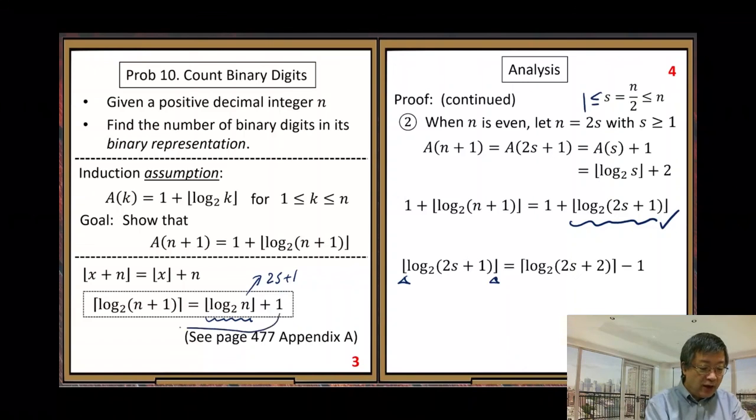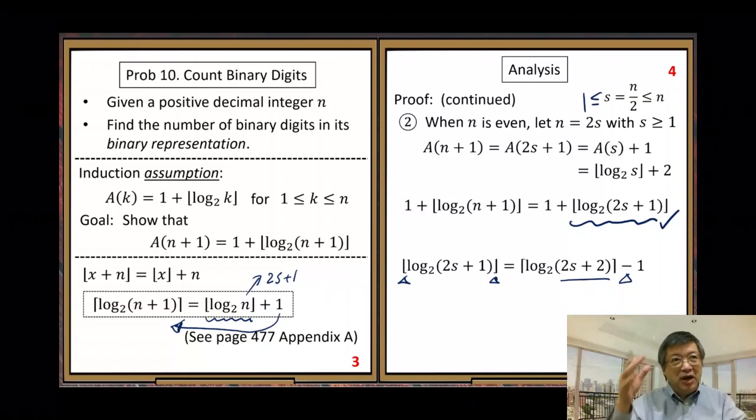This plus 1, we can move to the left-hand side. It becomes minus 1. So then the ceiling function, 2s plus 1, so you get 2s plus 2. I did some manipulation. I hope you can follow. We use this formula.